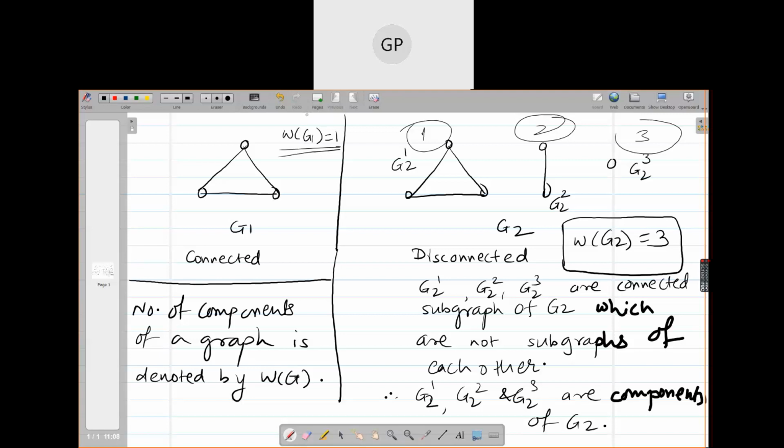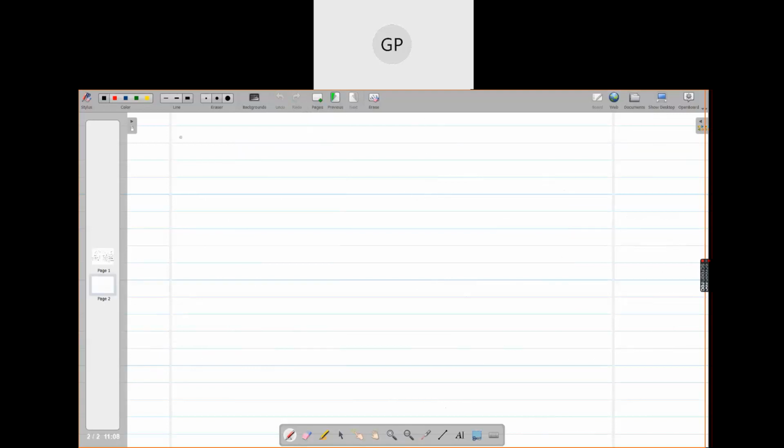Girls, have you finished writing this page? Okay. So write: number of components in a connected graph G is 1.